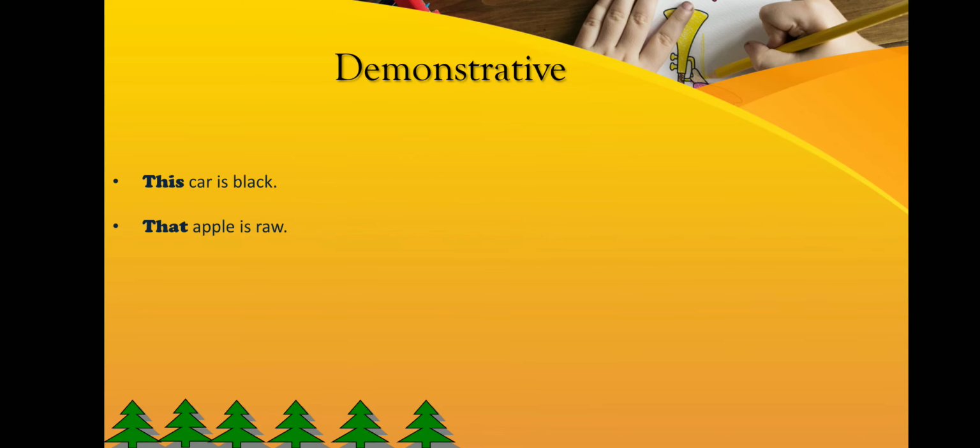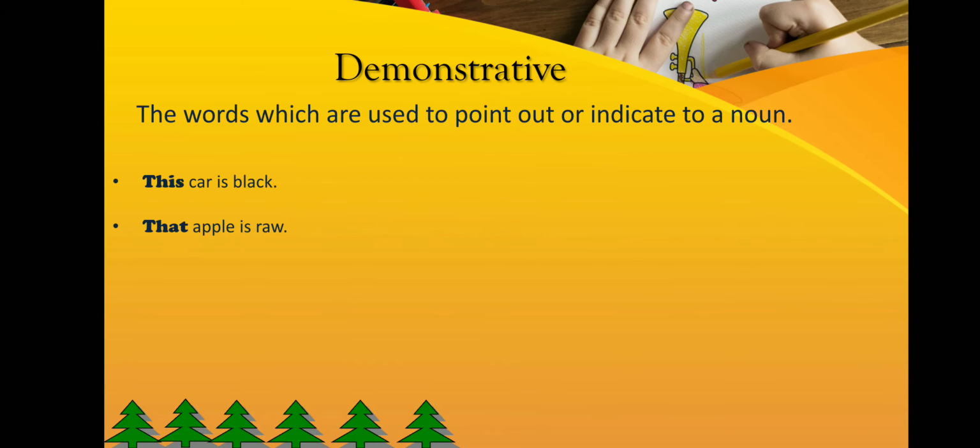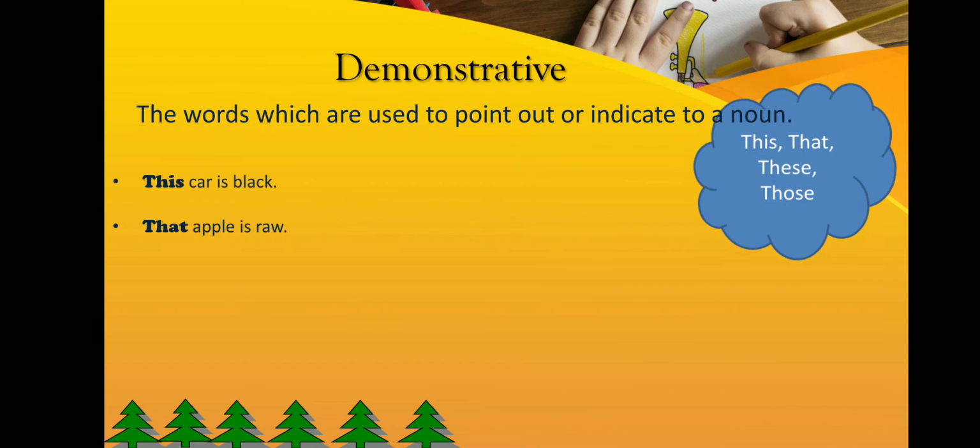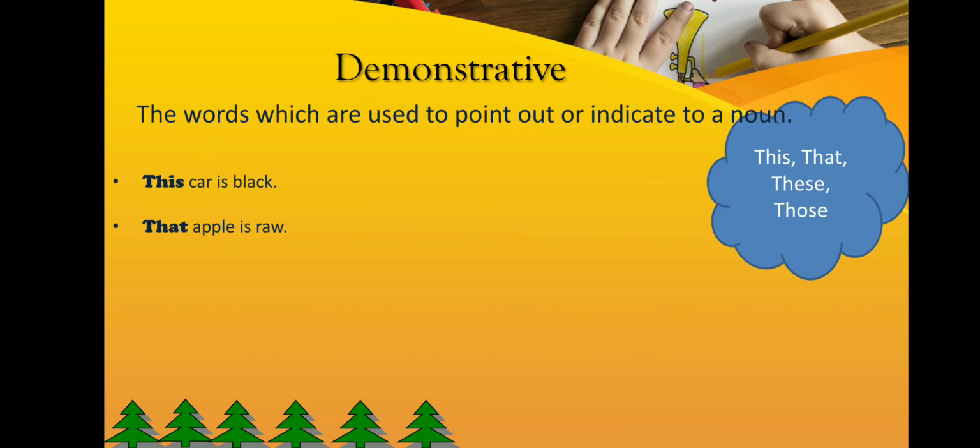Next is demonstrative determiners. What are demonstrative determiners? The words which are used to point out or indicate a noun. It means when the words placed before a noun indicate the noun, then those are called demonstrative determiners. For example, this, that, these, those.